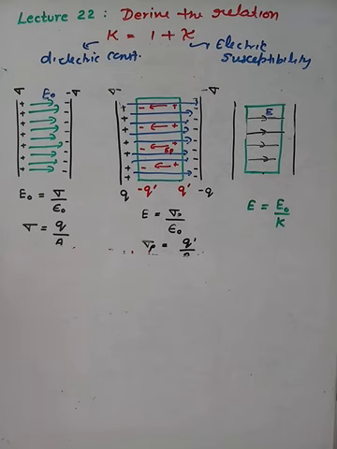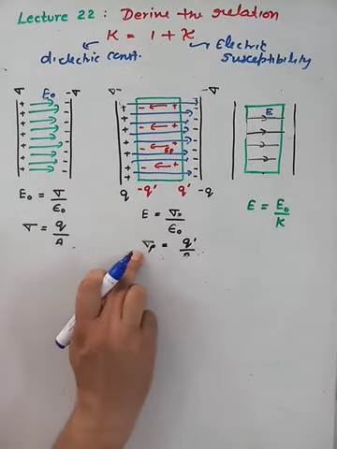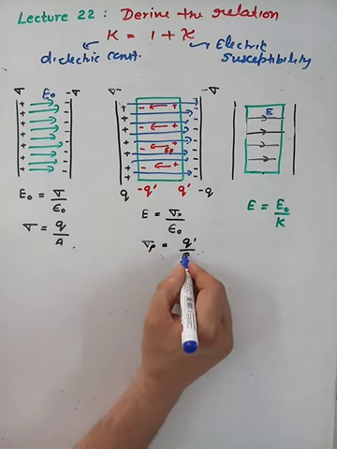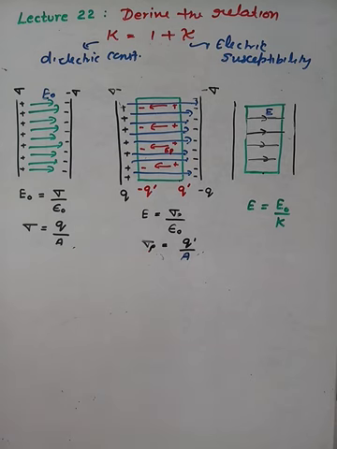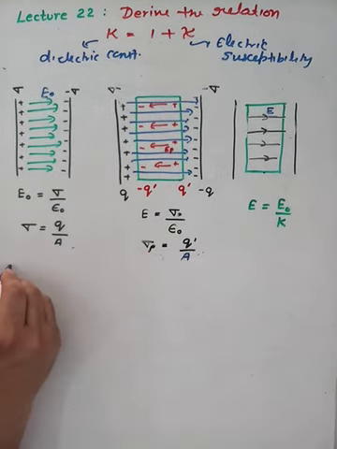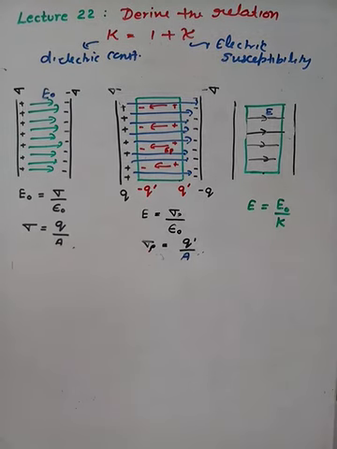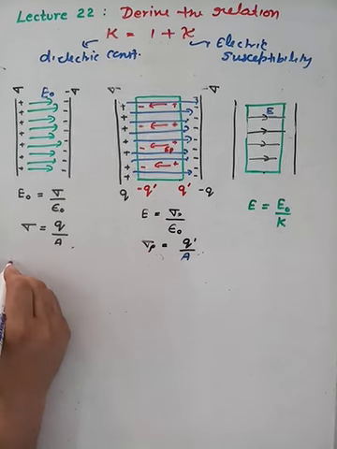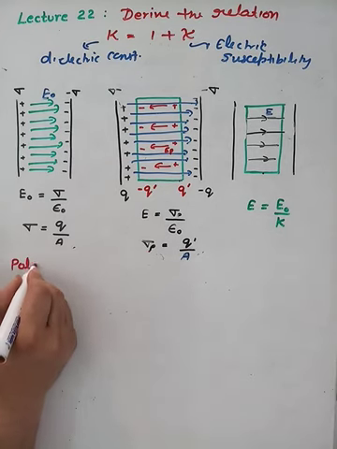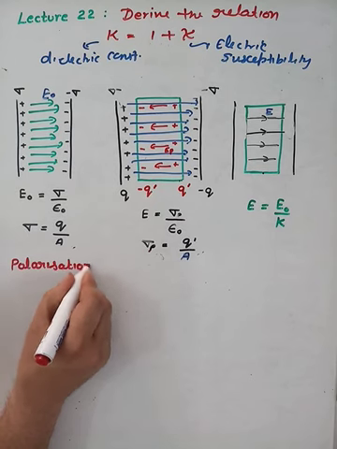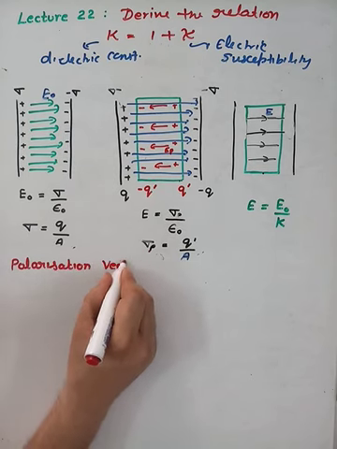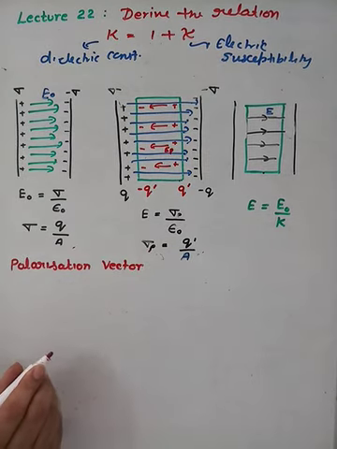In our previous lecture, we discussed the polarization vector P. We did this in the previous chapter.